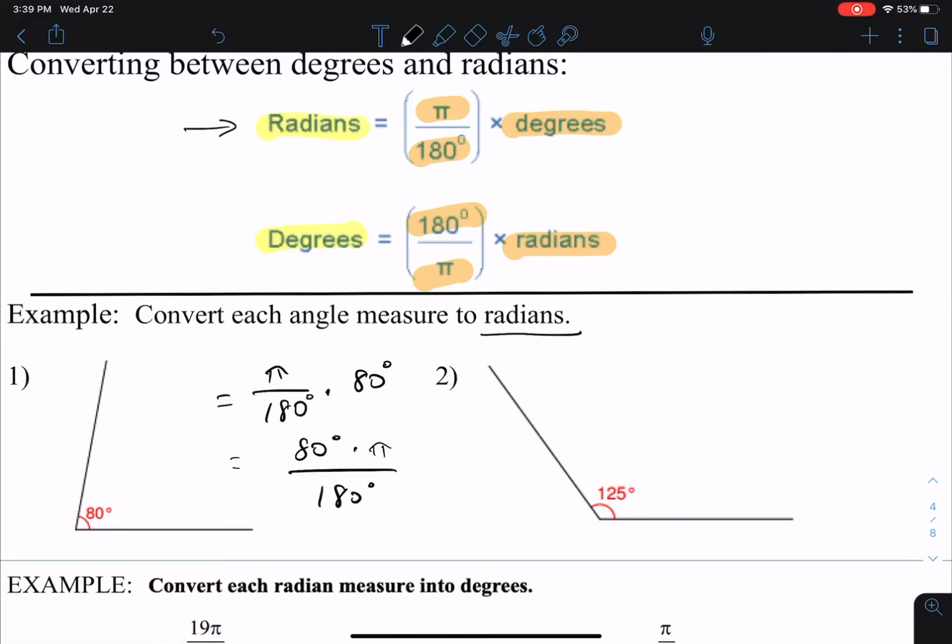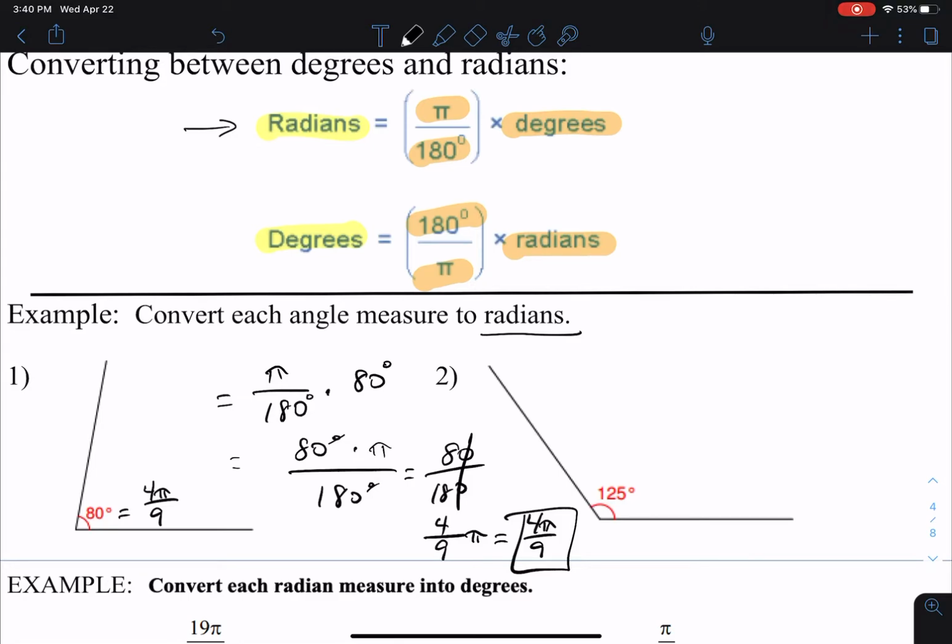First of all, degrees cancel out with degrees, so we have no more degrees. Then you reduce 80 over 180: divide them both by 10, and then by 2. You get 4/9 pi, which is the same as 4 pi over 9. So 80 degrees is the same as 4 pi over 9.